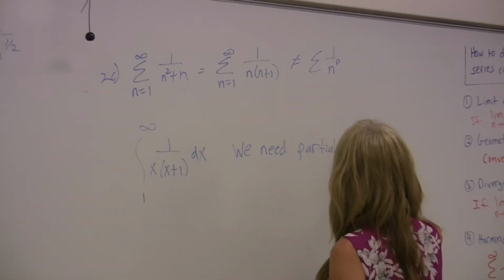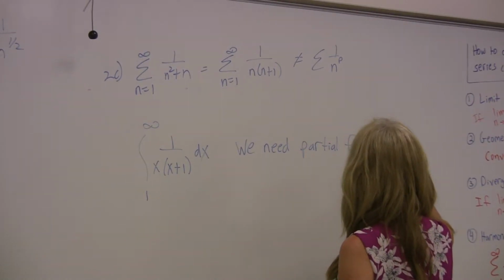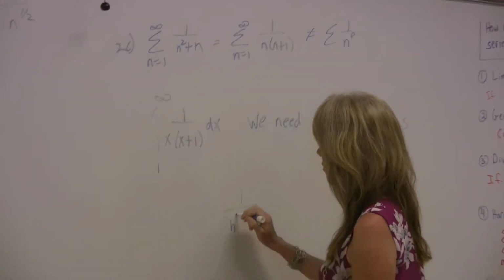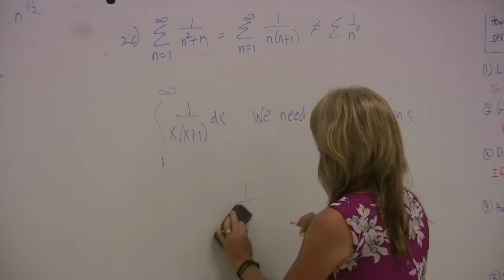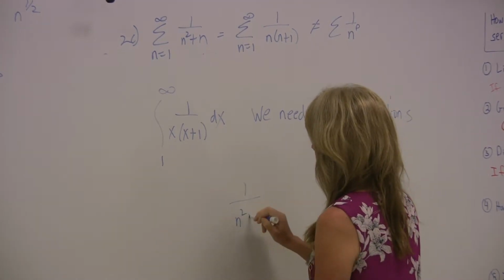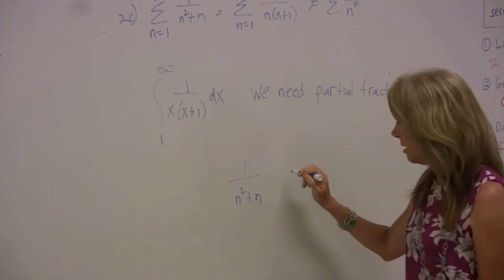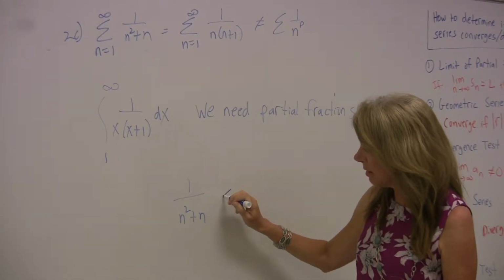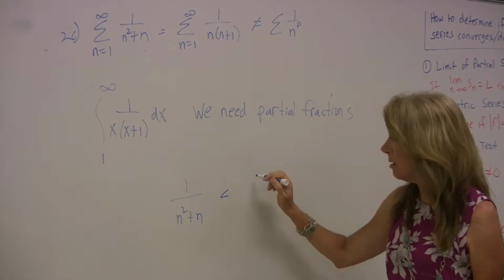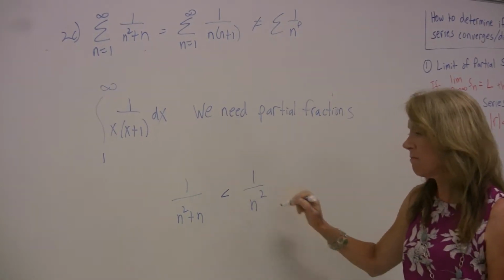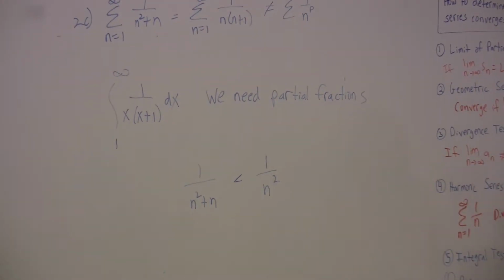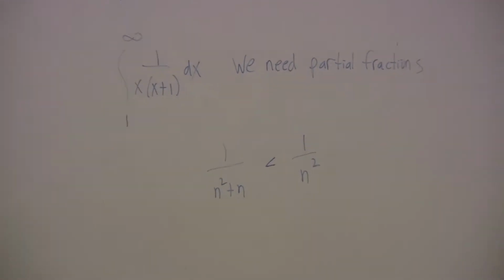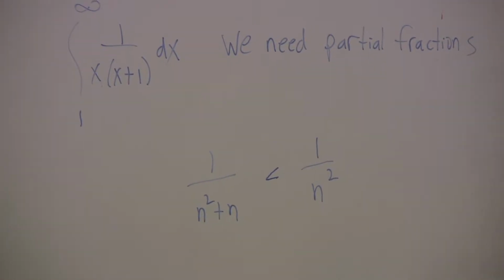But let me give you our little segue before we go to our break. Do we agree that this expression, 1 over n squared plus n, is less than 1 over n squared? That's a true statement? Why? Because the denominator is always going to be larger on the left side.